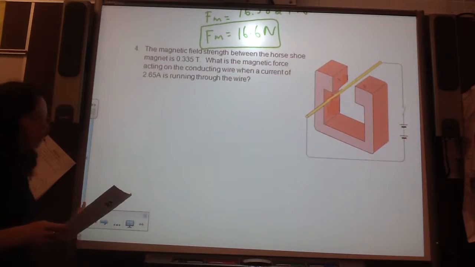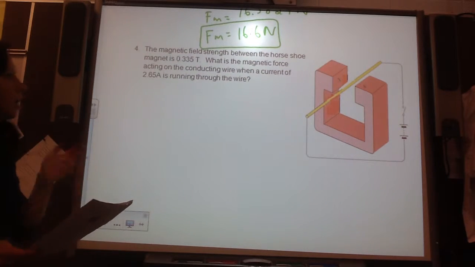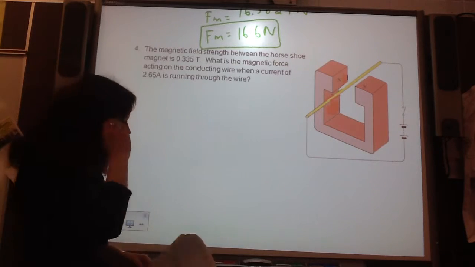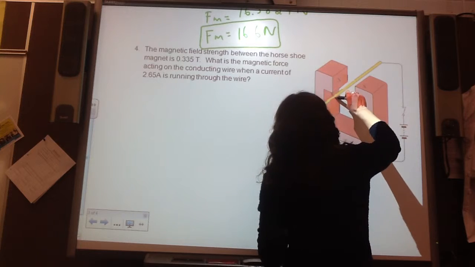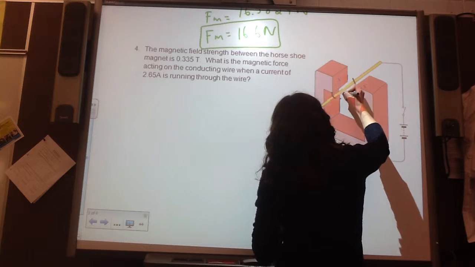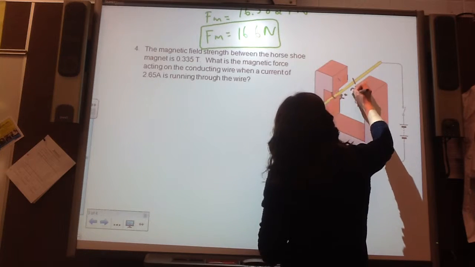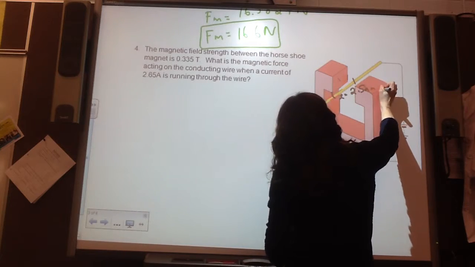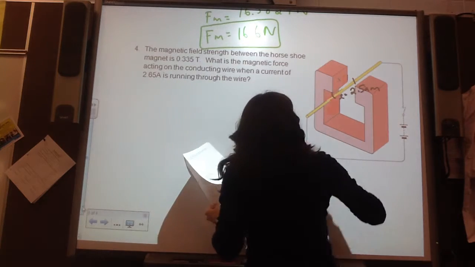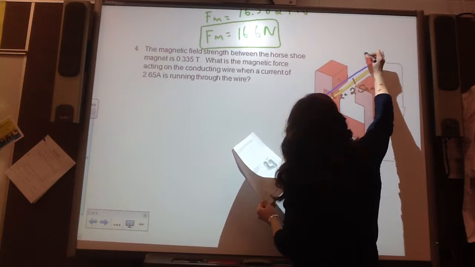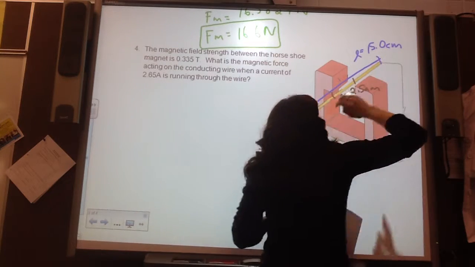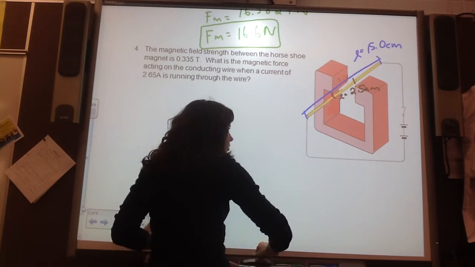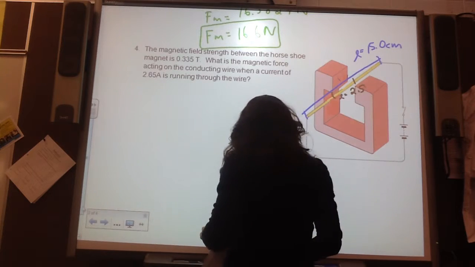Okay, so next, I forgot to write this in, but you needed one extra thing in this diagram here. So here to here, you're given the length of 2.5 centimeters, and the length of the whole wire is 15 centimeters. Okay, so that's just some additional information that we need for this.